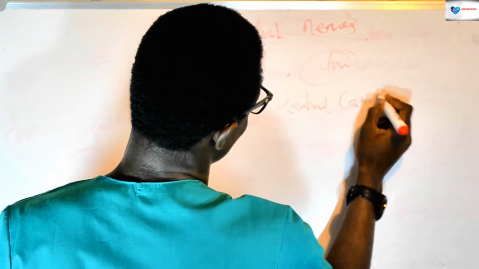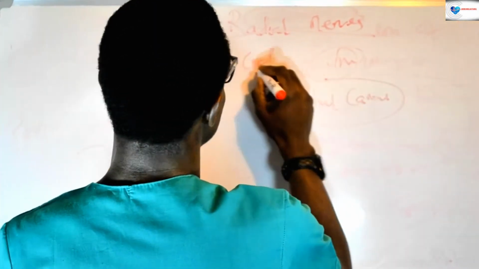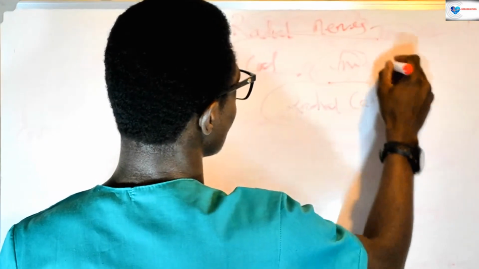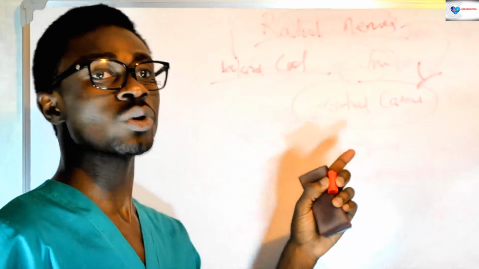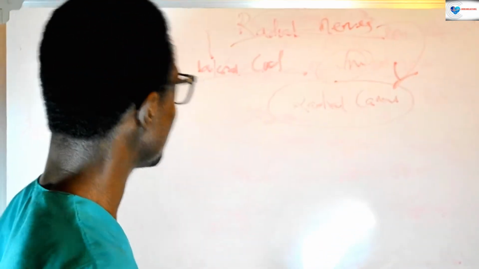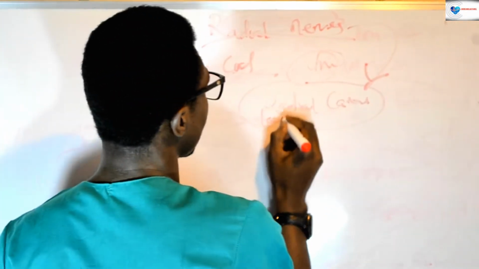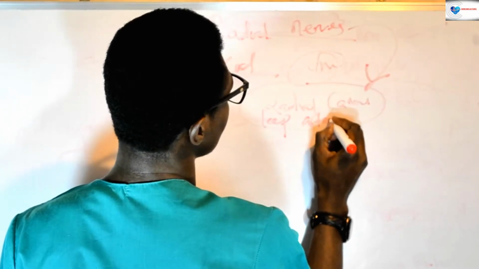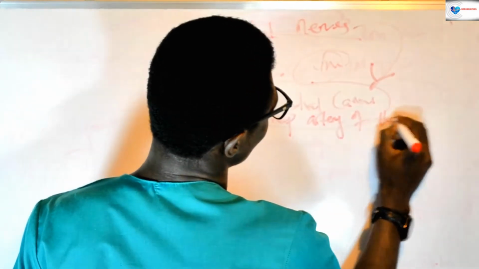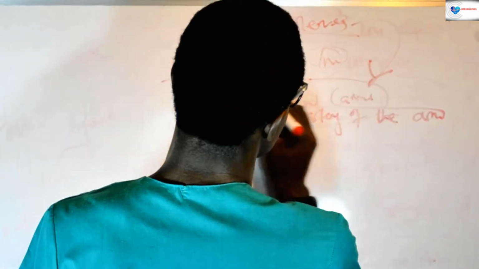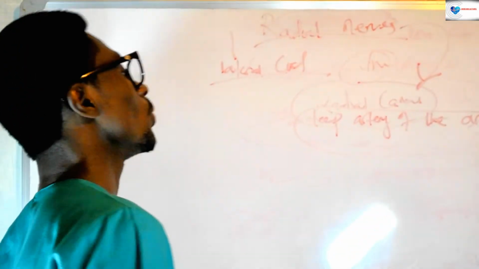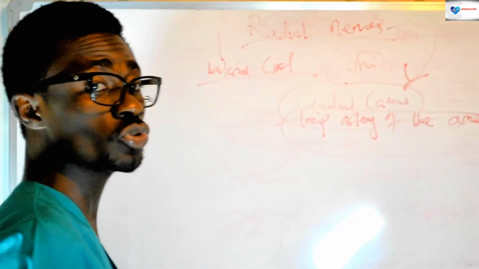This radial canal is where the radial nerve runs. But in this canal, we have what we call the deep artery of the arm, right? So the deep artery of the arm, together with the radial nerve, they run together in the radial canal.